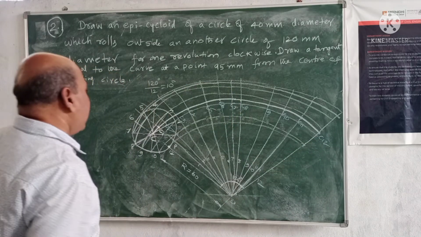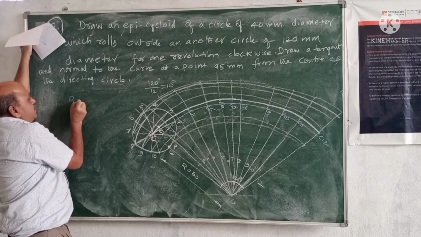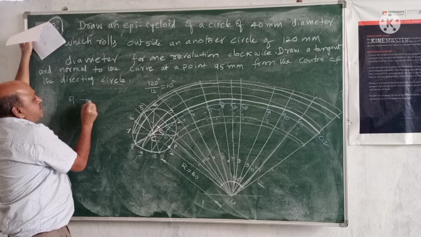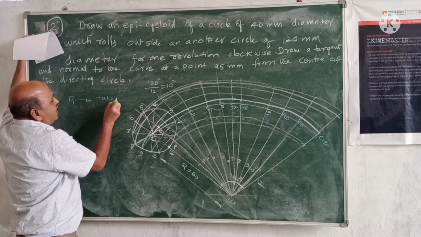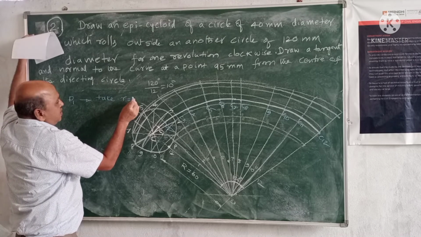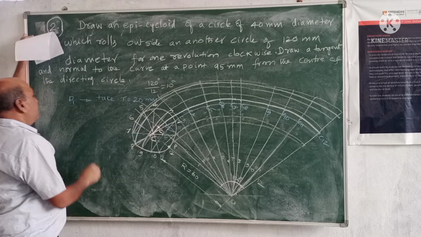Right? Now we are going to have P1. How can we get the P1 point? To have P1, take the radius of the generating circle. Take R equal to 20 mm because the radius of the generating circle is 20.